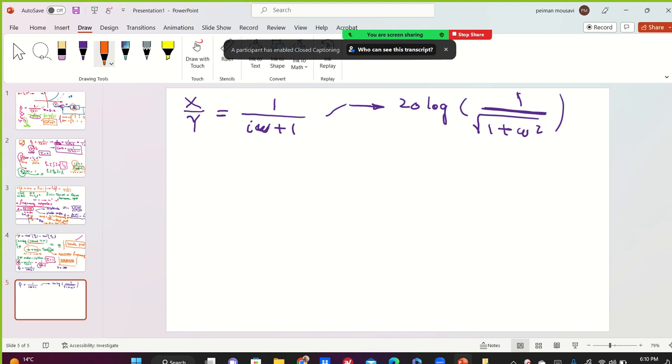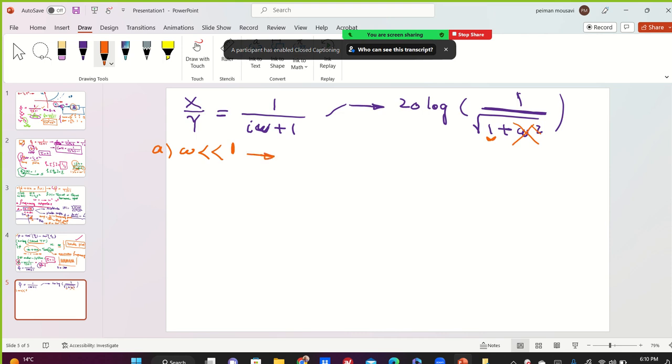So now I have to do that. I'm going to say when omega, case A, is a small number, much smaller than 1, I mean this one, you can say to this bye-bye.